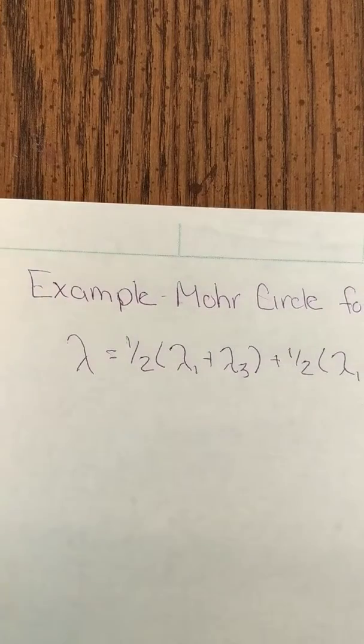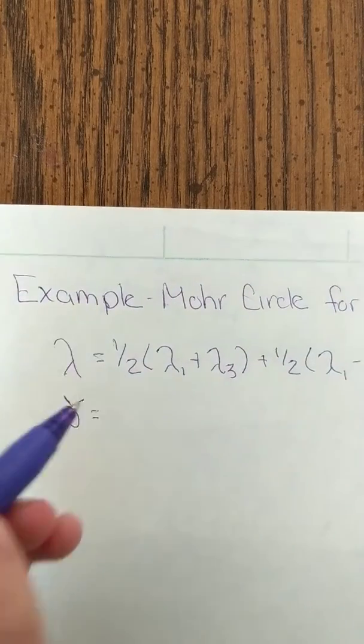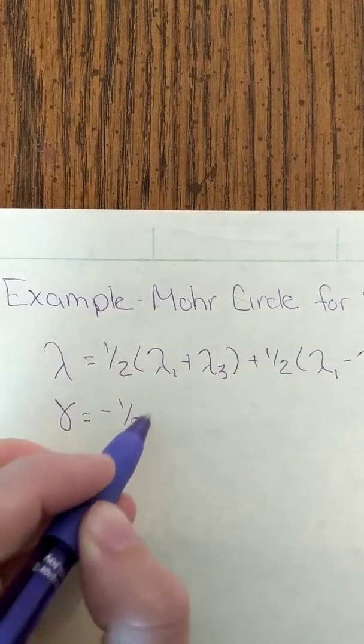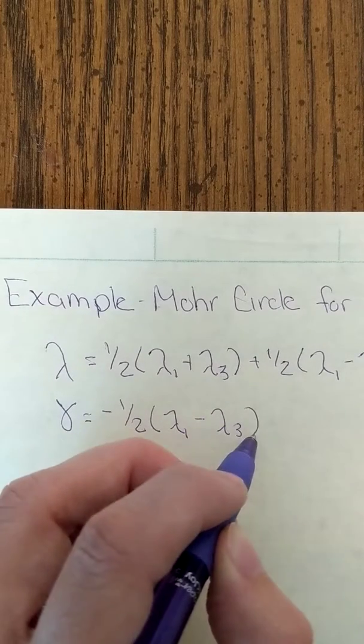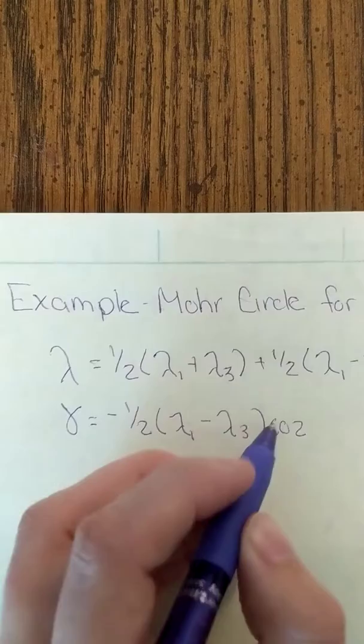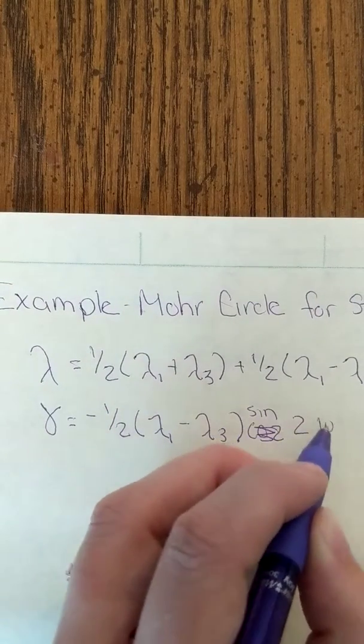That is going to be our x, and our y, again, is going to be our gamma, which we calculated to be negative 1/2 (lambda 1 minus lambda 3) sine of 2 theta.